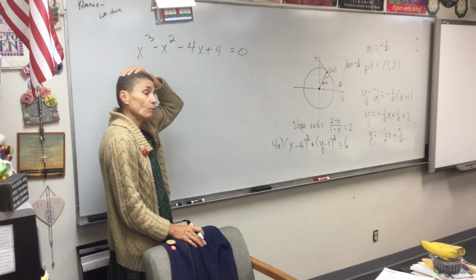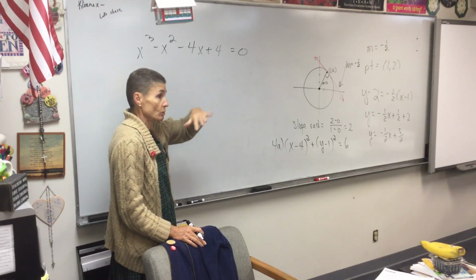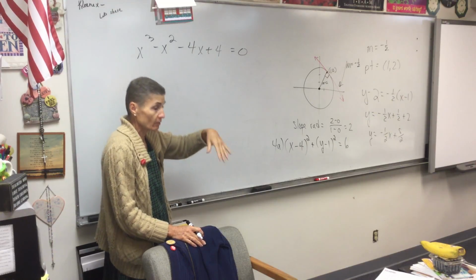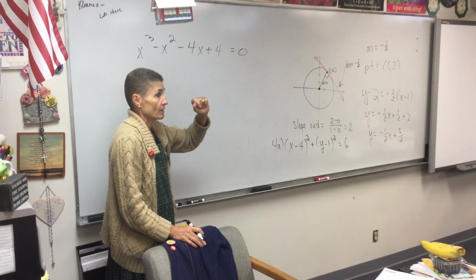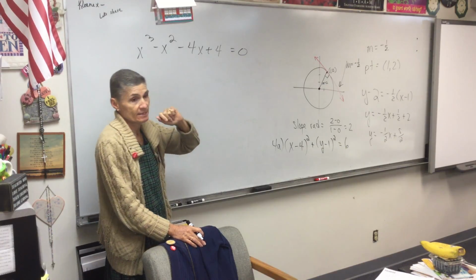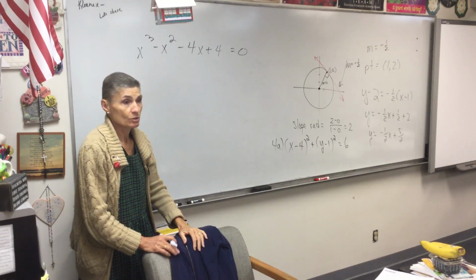Now, we know that if we were doing this on our calculator, we would just type it in, y equals, and what would we be looking for? When we are solving on our calculator, what are we looking for? The zeros, or the x-intercepts, where we cross the x-axis, okay? Okay, no calculator though. So what are you gonna do?